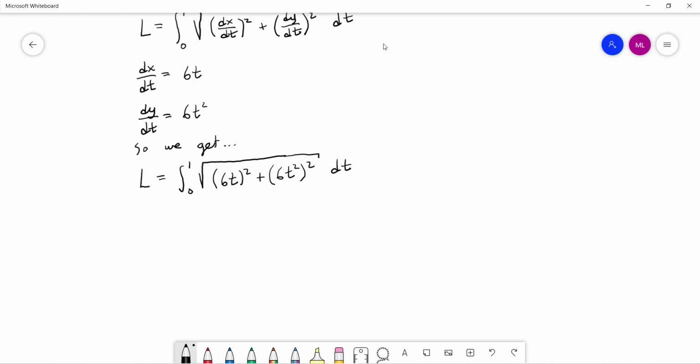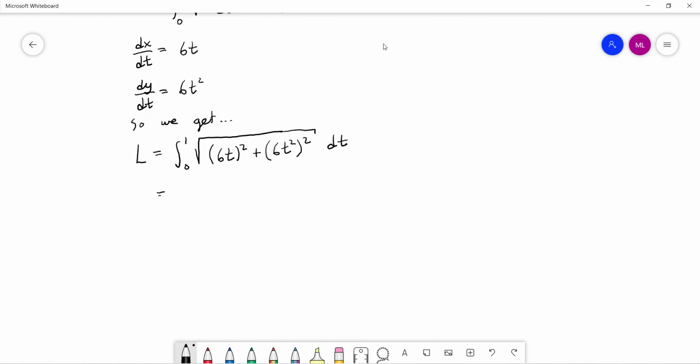And we can solve this integral. Let me actually expand out these terms here. So I'm going to get the square root of 36t squared plus 36t to the fourth. Alternatively, we could have thought of it as factoring out a 6t squared from both of these.